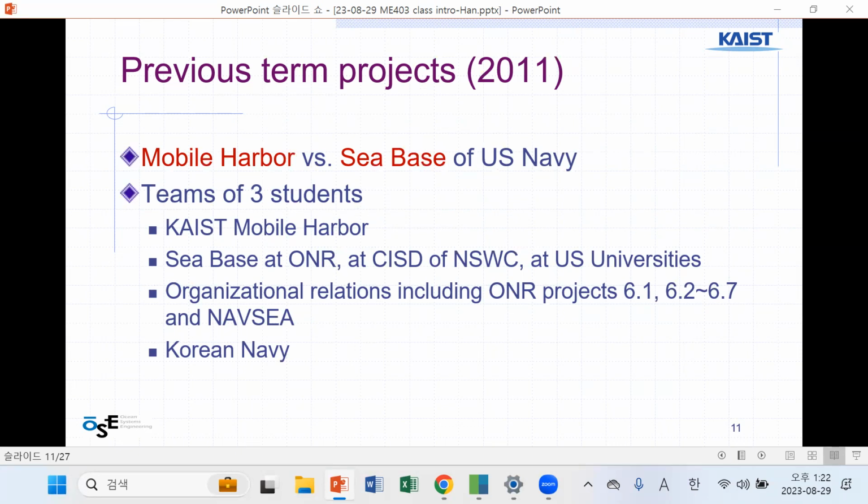They want to have an air base nearby, but it's not easy to find a good land base around the Middle East. That's why they tried to provide a floating air base. Anyway, and mobile harbor is for commercial transportation. The idea is coming from the sea base, the floating air base.